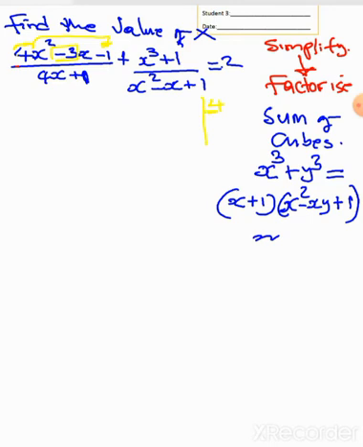So 4 times 1 is 4, but I must arrange these two in such a way that they give me minus 3x. So definitely it's minus 4x plus 1x, which gives me minus 3x. So I have to rewrite the top as 4x squared minus 4x plus 1x minus 1.